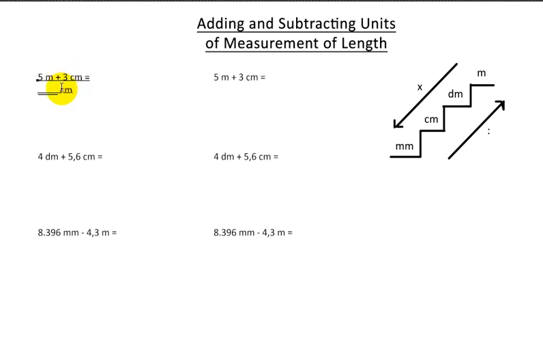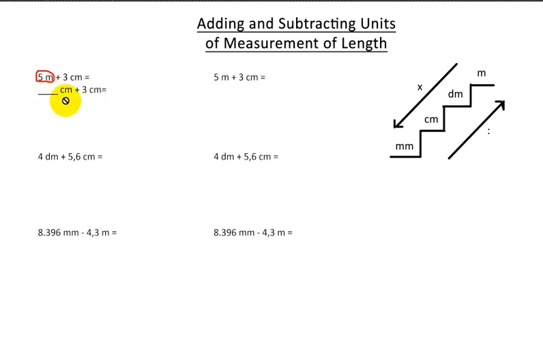So, cm. And the rest, what's outside of this, let's circle it actually to better showcase this. So I chose this 5 meters, and I'm going to change it. What's outside of the circle, I need to rewrite the exact same. So plus 3 centimeters equals.